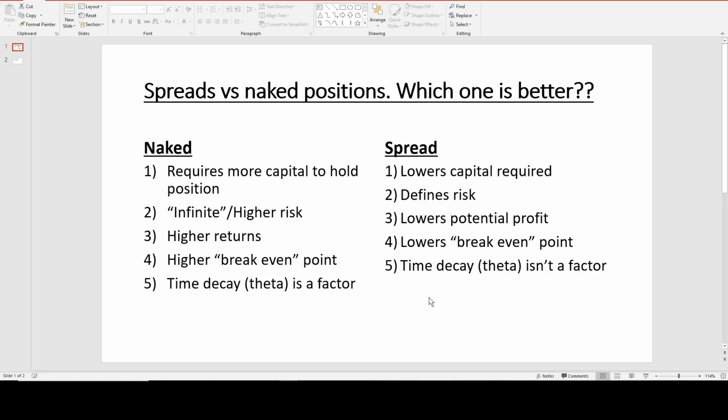However, with holding a naked position, time decay is going to wear on that option that you have sold a lot quicker than it will a spread. Because with a spread, when you sell one and then you go out and you buy one, you're basically rendering time decay, I'm not going to say irrelevant, but it is far less of a factor if you do it that way.